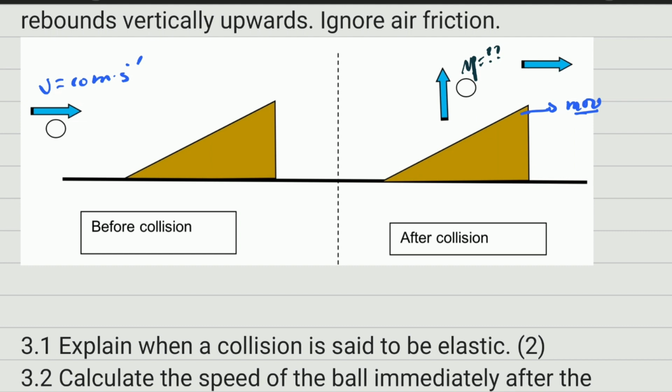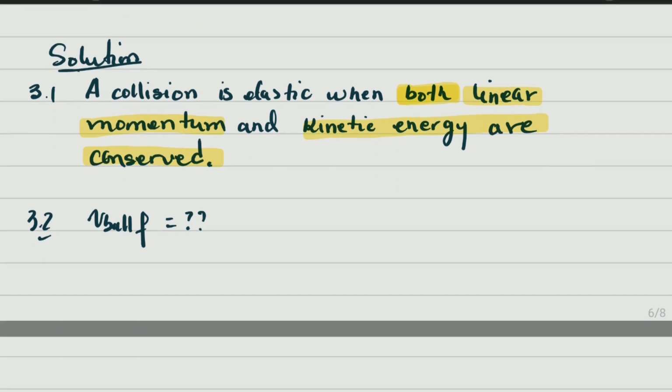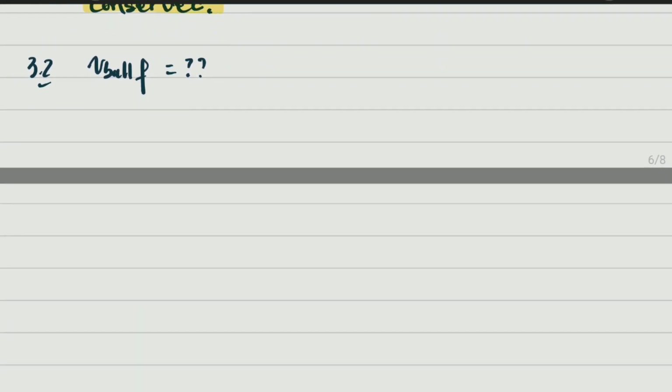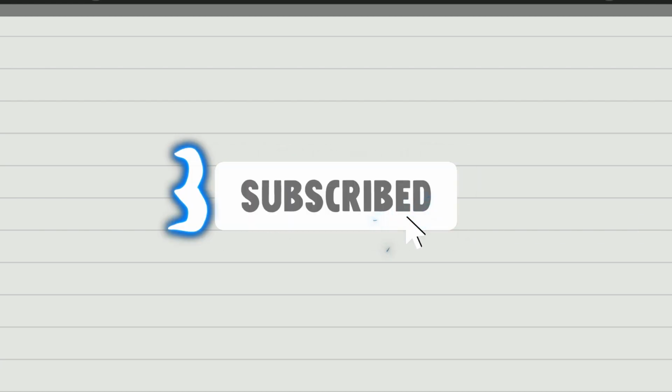But kinetic energy can be used because it is going to be conserved in both directions. So we are going to start here using kinetic energy. Why kinetic energy? Because it is conserved in both, and because it is a scalar quantity, it will give us the final speed of this object here.